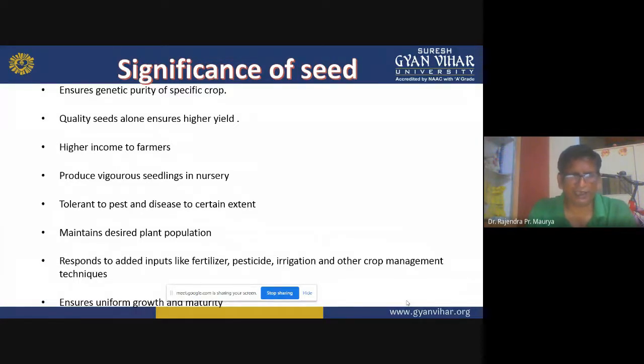And the last one, it ensures uniform growth and maturity. When the crop grows, we will see uniformity, not small and tall. All plants look uniform in growth, and all plants mature at the same time.